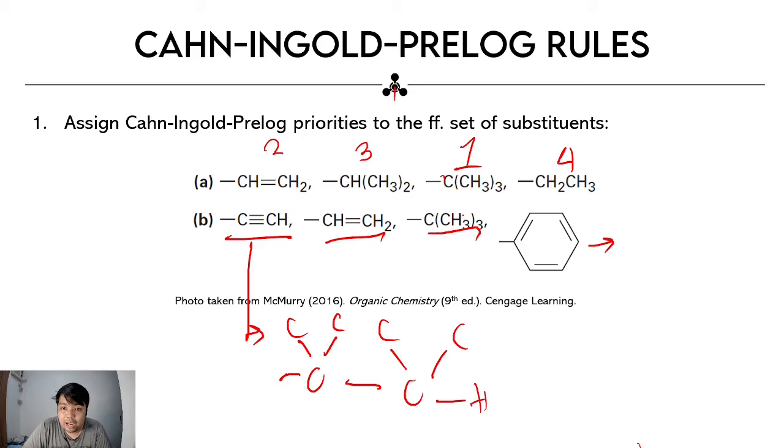So this is an aromatic ring, and we have carbons connected with each other in a ring. That is 1, 2, 3, 4, 5, 6. Now, since there are double bonds here, each carbon is singly bonded to 1 carbon atom and doubly bonded to another carbon atom. That is equivalent to a carbon atom singly bonded to 3 other carbon atoms.